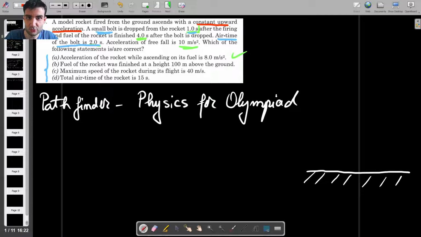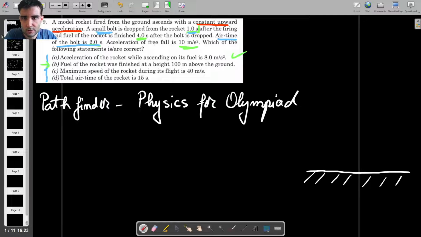It doesn't mean we have to stop here because multiple answers can be correct. So we have to look at part B. Part B says the fuel of the rocket was finished at a height of 100 meters above the ground. Well, now the problem becomes easy because we know what the acceleration of the rocket is. So let's try to find when the fuel of the rocket finishes.